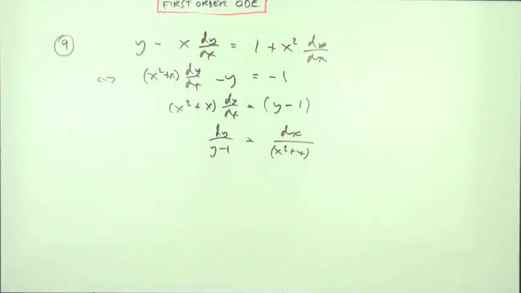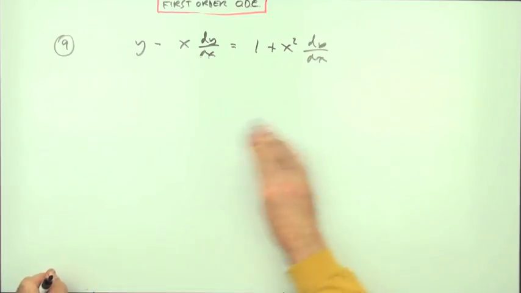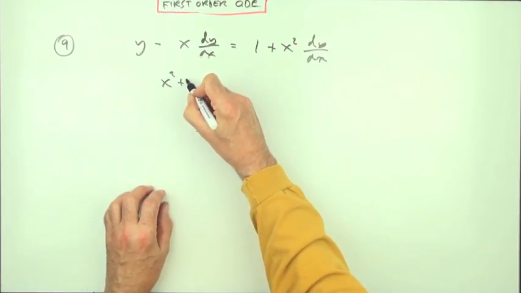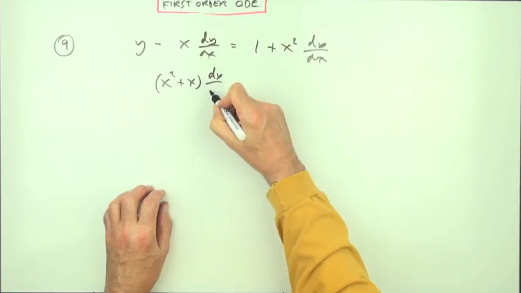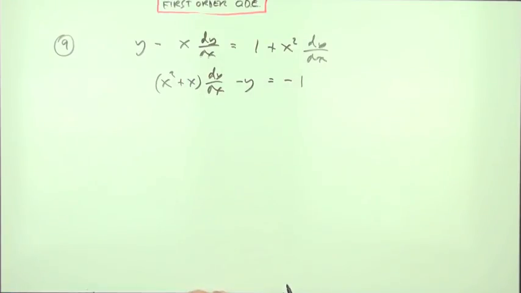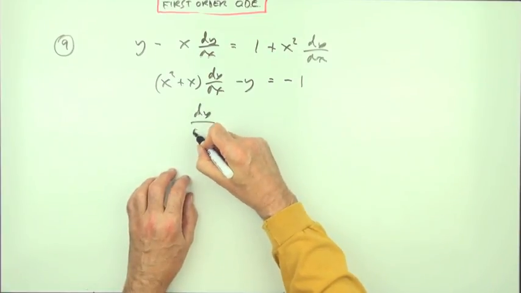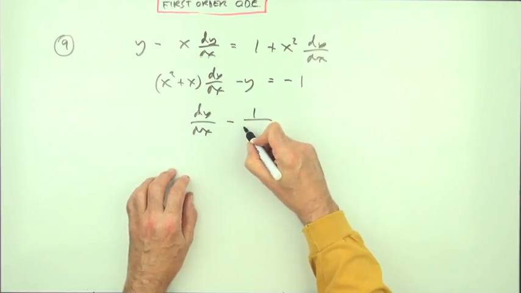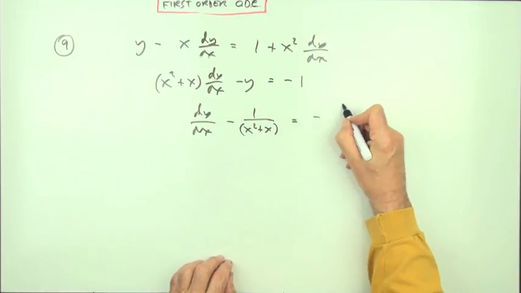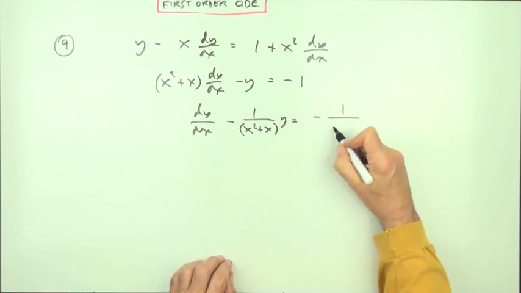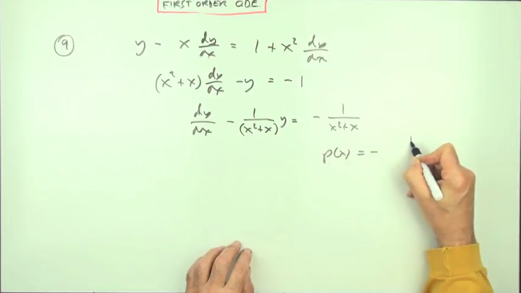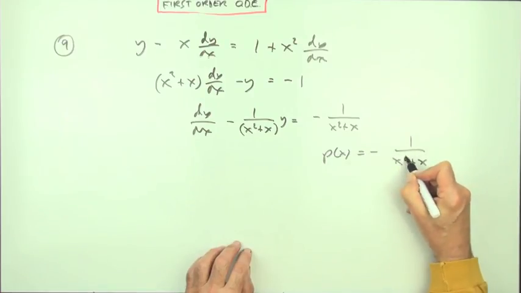But it was linear, so if you wished, you could have used an integrating factor. And that integrating factor would be one where p of x equals negative 1 upon x squared plus x.